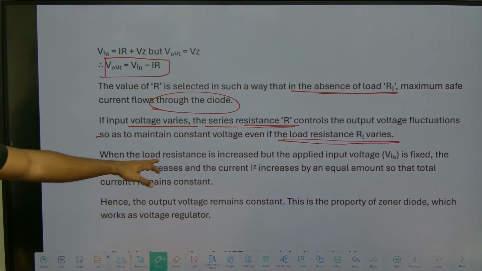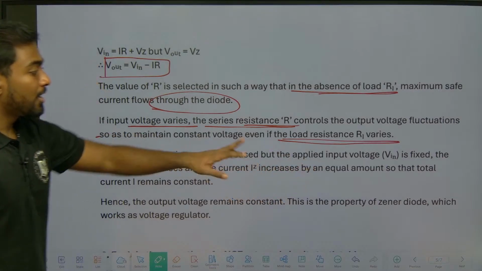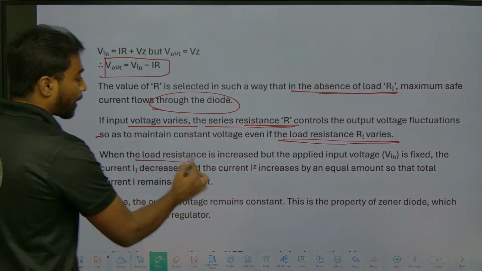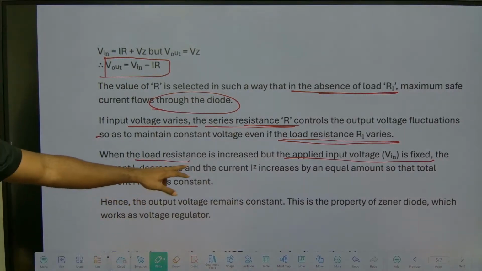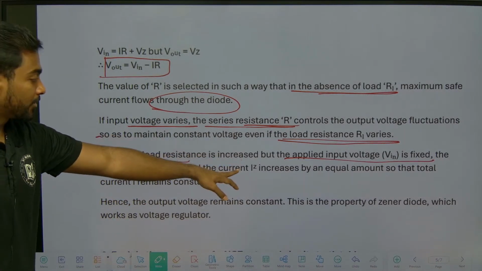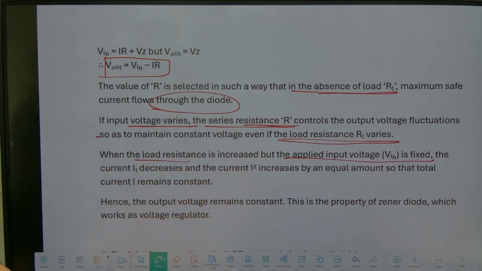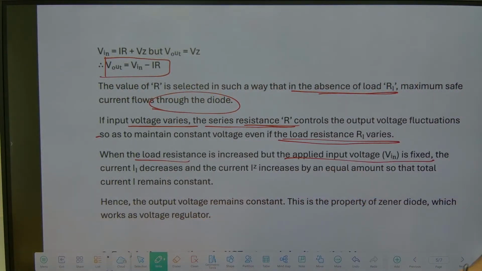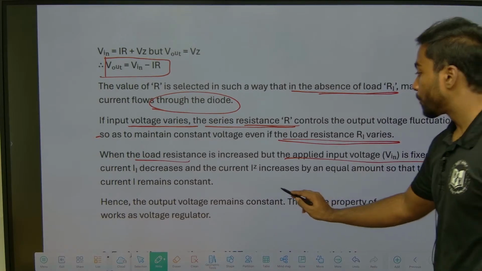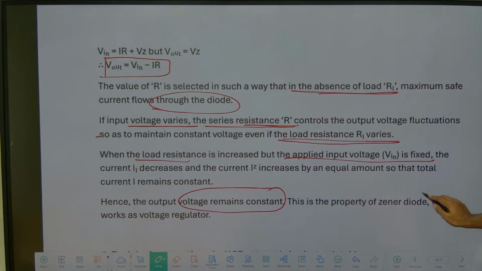When the load resistance increases, with the applied input voltage fixed, the load current IL decreases and the Zener current IZ increases by an equal amount, so the total current remains constant. One decreases, the other increases. Hence the output voltage remains constant. This is the property of the Zener diode.